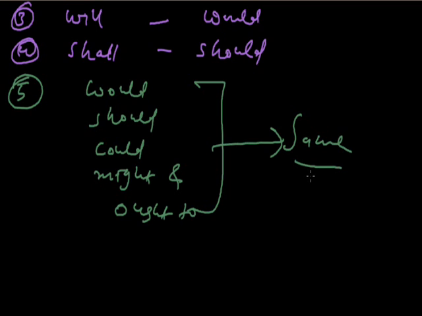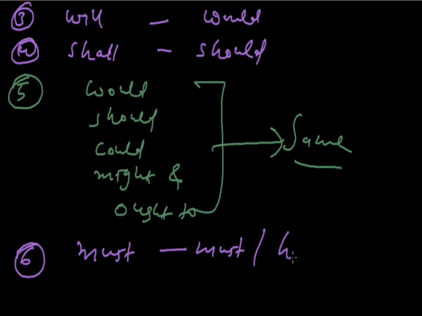No change at all. Clear? The next one: must can remain must or can be changed into had to. It depends on the sentence, and I'll explain it then and there.